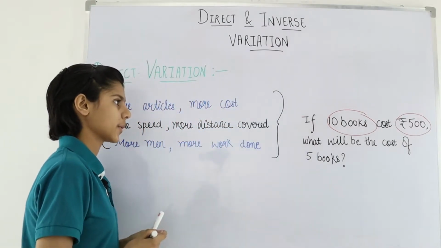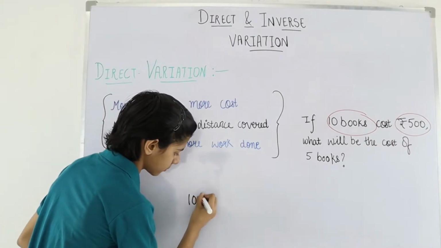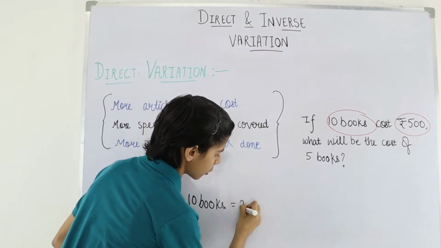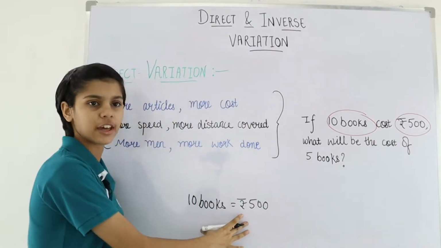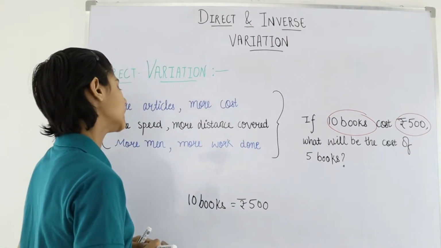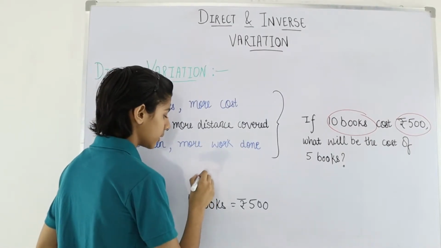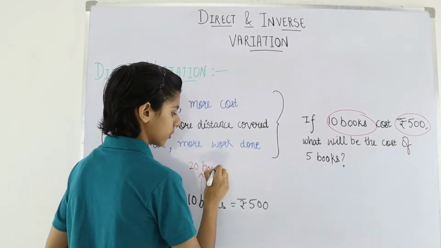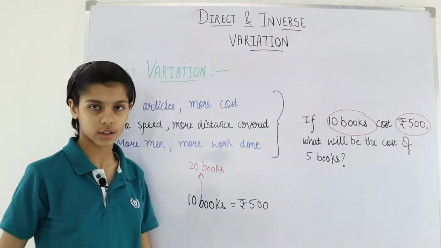So first we will write 10 books. Cost is rupees 500. These both I have written variables. Now, if I increase their number, if I want 20 books, then tell me the cost will also not remain same.